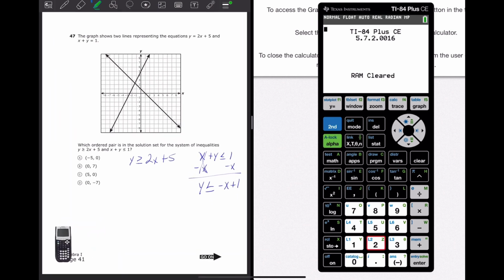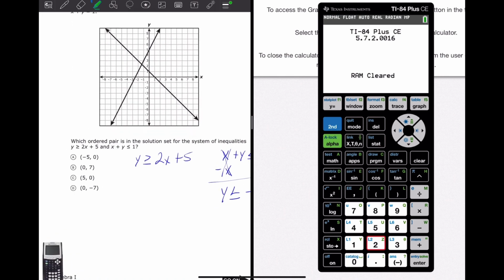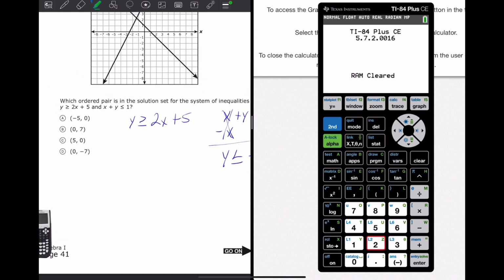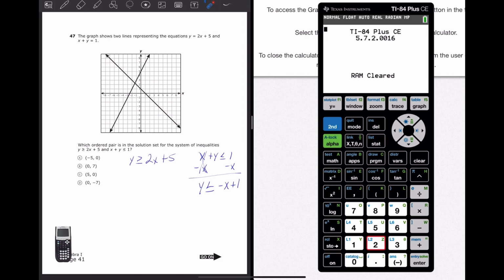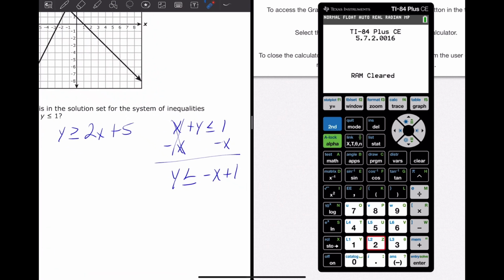On this one again, we must remember how to turn them into slope-intercept form, which is y equals mx plus b. The first inequality is done already. All we have to do is convert the next one. We're going to be entering one of them in y1 and the second one in y2.